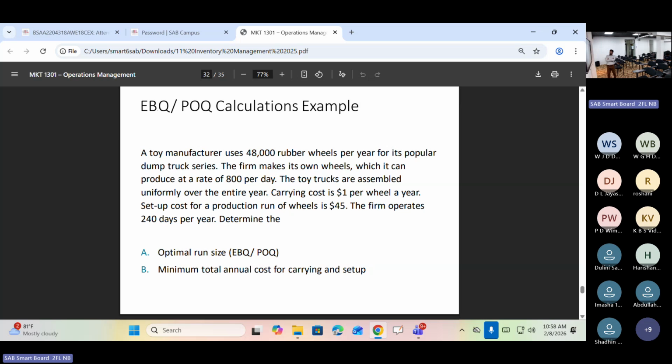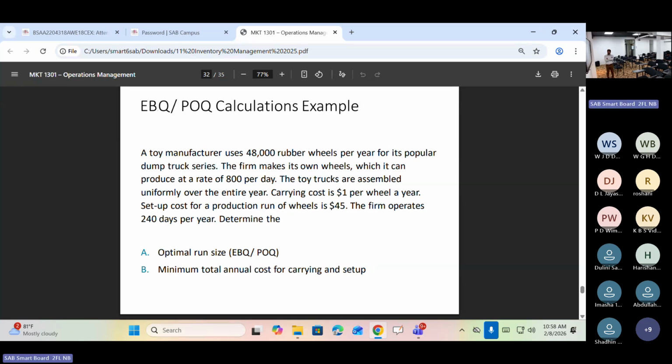A toy manufacturer uses 48,000 rubber wheels per year for its popular dump truck series, one particular toy series. The factory makes its own wheels in their production process. They can produce at a rate of 800 rubber wheels per day.